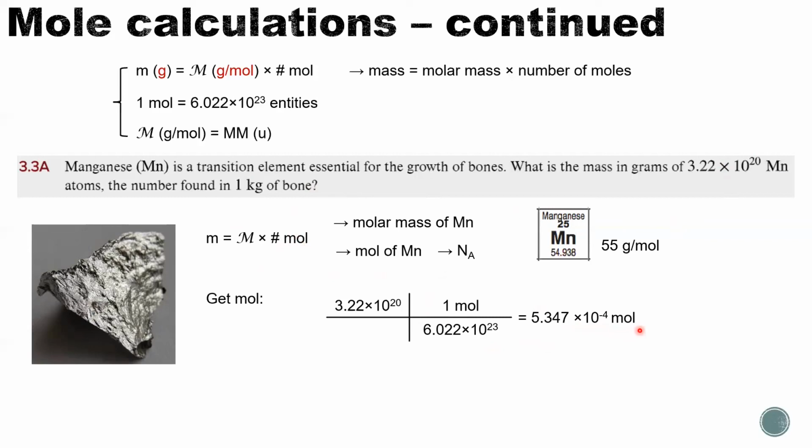Okay, and then we can get the corresponding mass of this amount of manganese. Plug in the numbers, 55 grams per mole times this amount of moles, and then the final answer is 0.0294 grams. Keep the same number of significant figures as what is provided in the question.